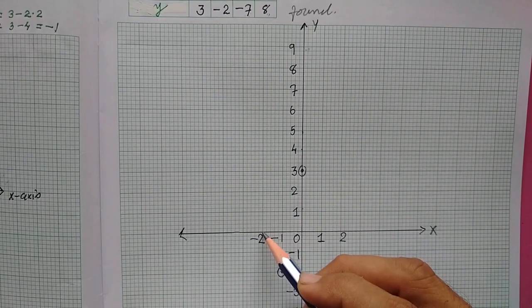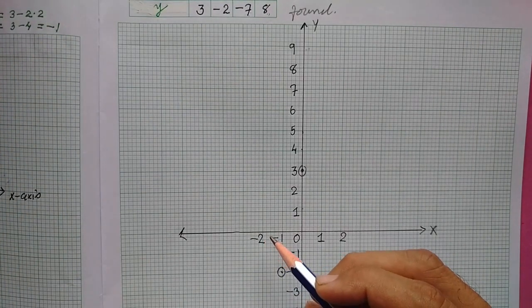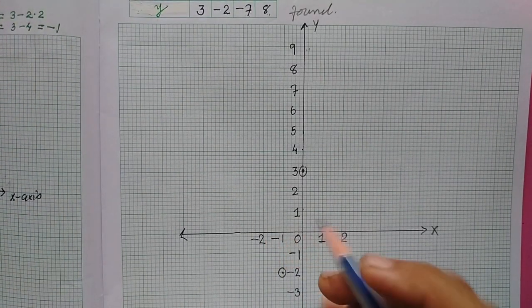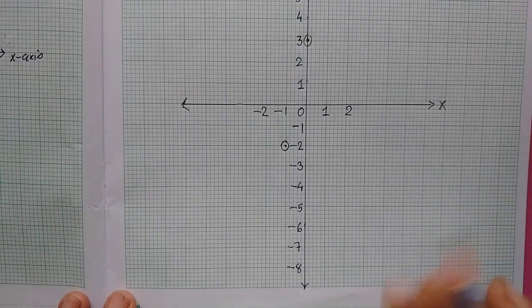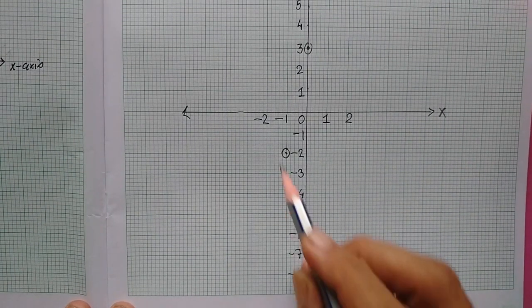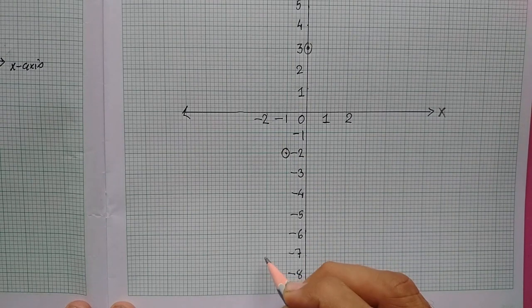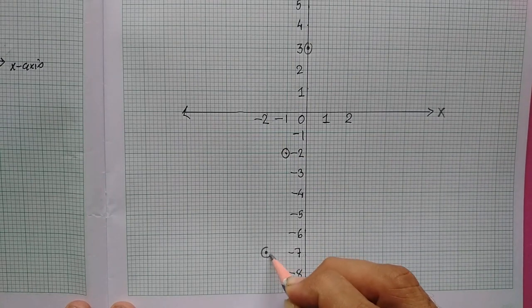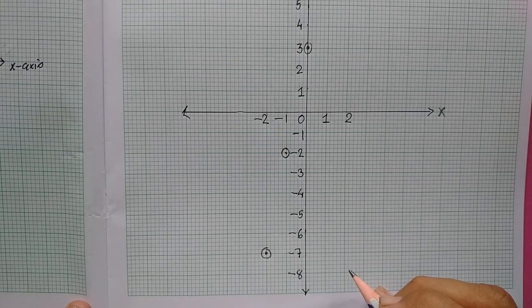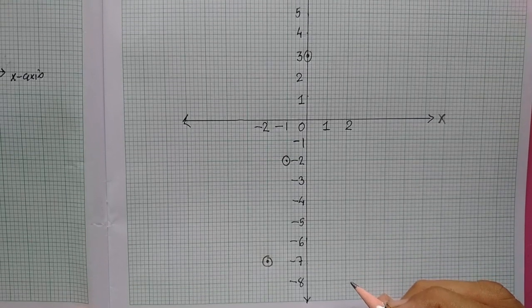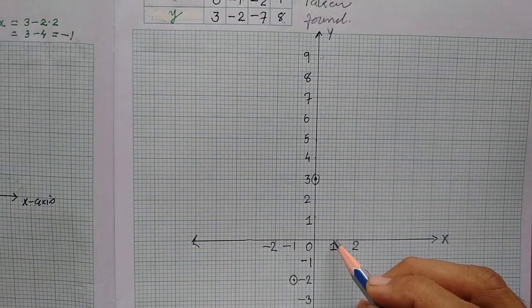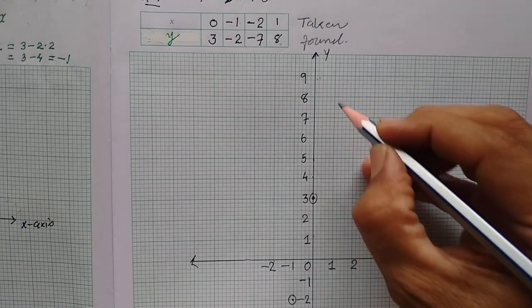X is minus 2 here and y is minus 7. So now, children, see, here is minus 7 and this is minus 2. So this is your point, children. Okay. Next is 1 and 8. X is 1 here, y is 8 here, children.